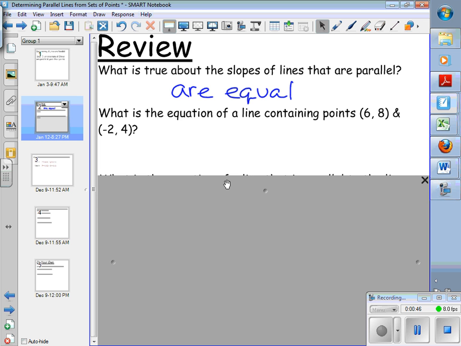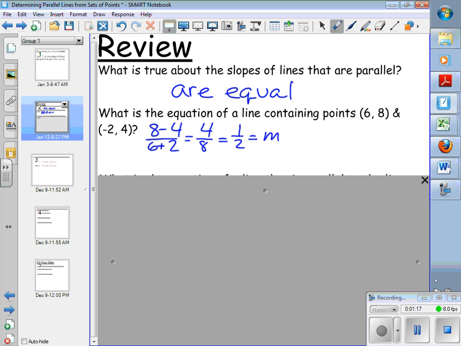So hopefully you are using the points 8 minus 4 and 6 plus 2, because 6 minus -2 would be 6 plus 2, to get 4 over 8, which simplifies to 1/2, which is our slope.